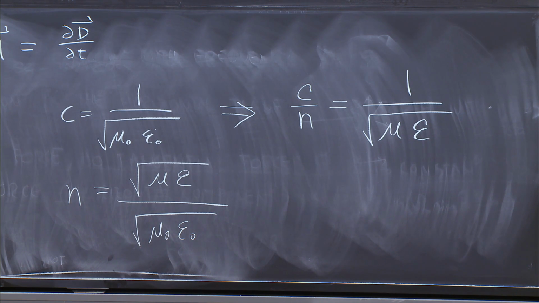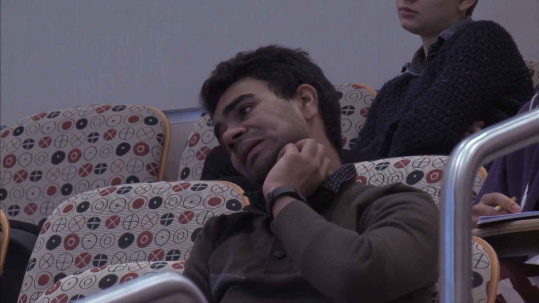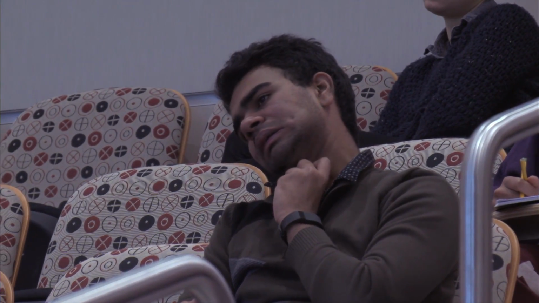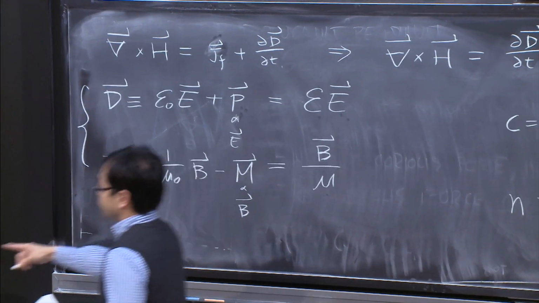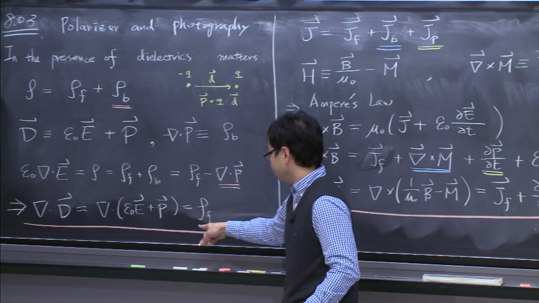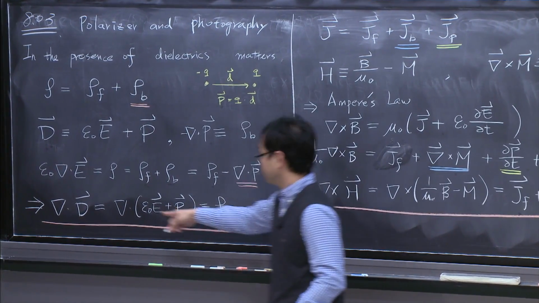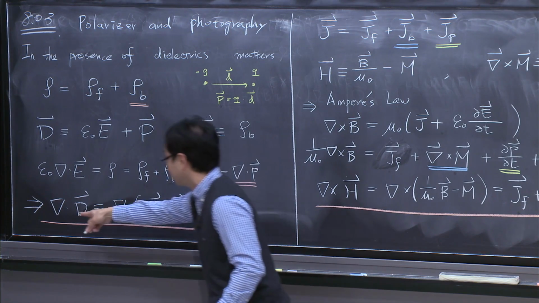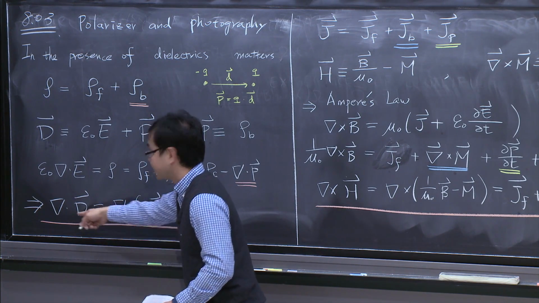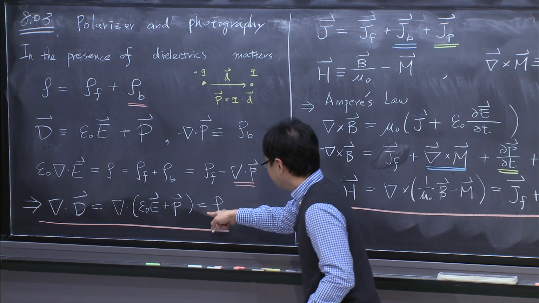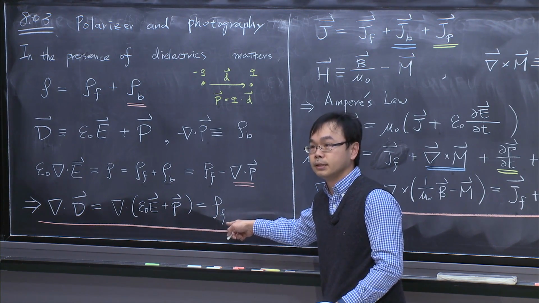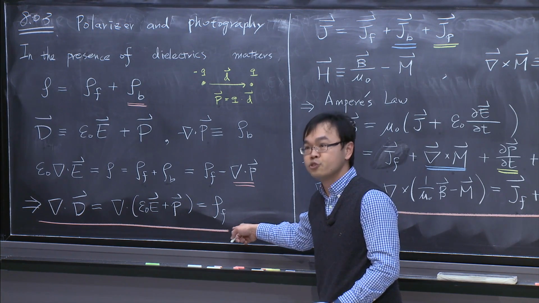Yeah. What are the D fields and H fields? I mean, are they just definitions? Yes. So the D field and the H field are related only to the free charge. You can see that the divergence of the D field is only equal to the density of the free charge.